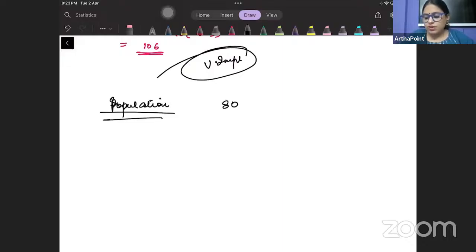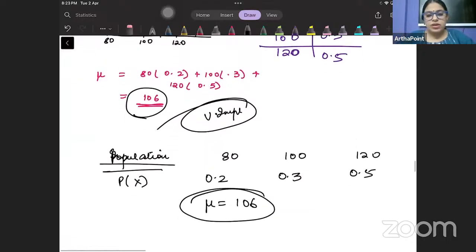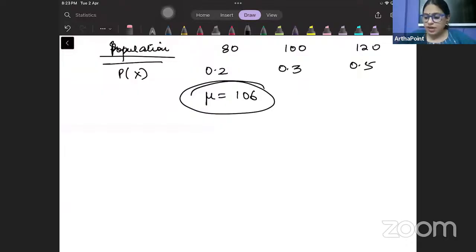Either my revenue could be 80 or 100 or 120, and we were given the corresponding probability 0.2, 0.3, 0.5. हमें population के बारे में पता था. And then we found out that the mean of the population is 106. Then we started making samples. So when we made the sample, जब हमने इसमें से sample बनाया, तो sample could have had any two observations.